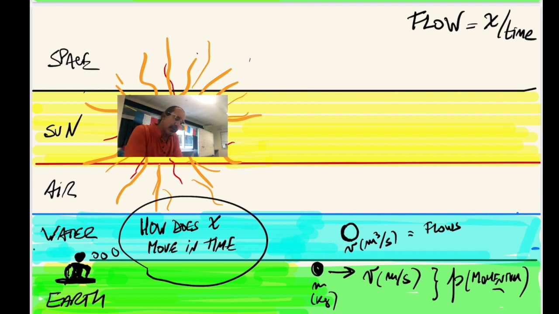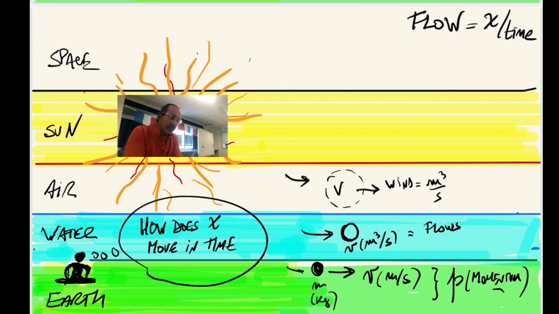So the flow of water in a tap, the flow of air, a certain volume of air moving in time creates a flow of air, or a wind, right? Wind could be measured in cubic meters per second, the air that is moving in time.